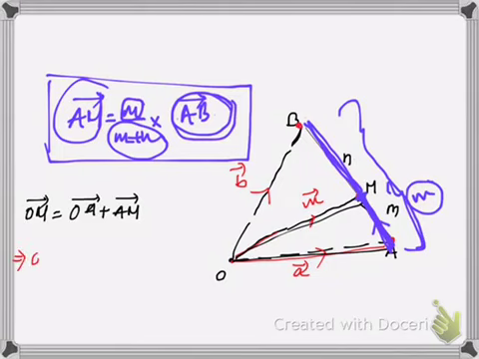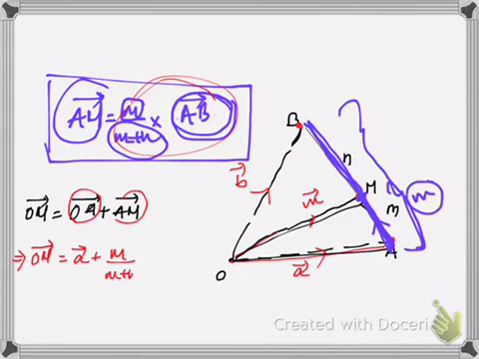Now vector OM is equal to, I've supposed vector OA as vector a, and here for AM I'm going to write the same formula, m by m plus n times vector AB.